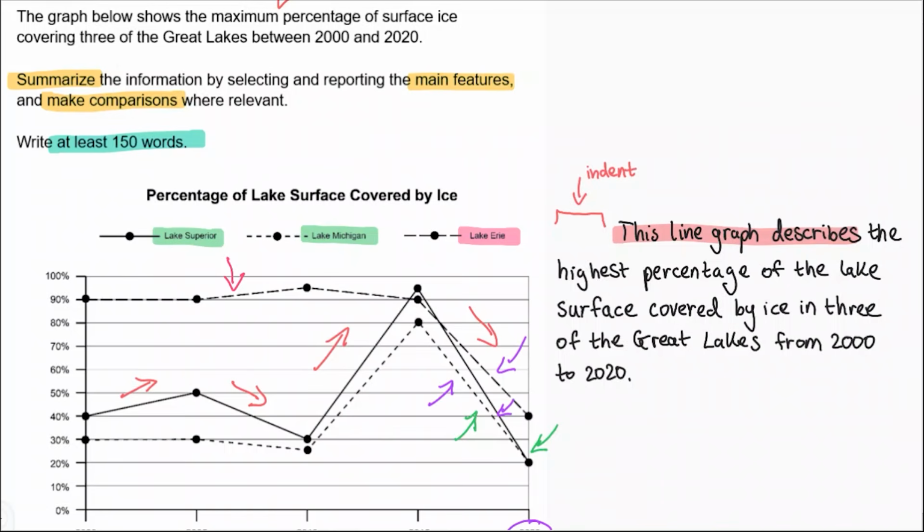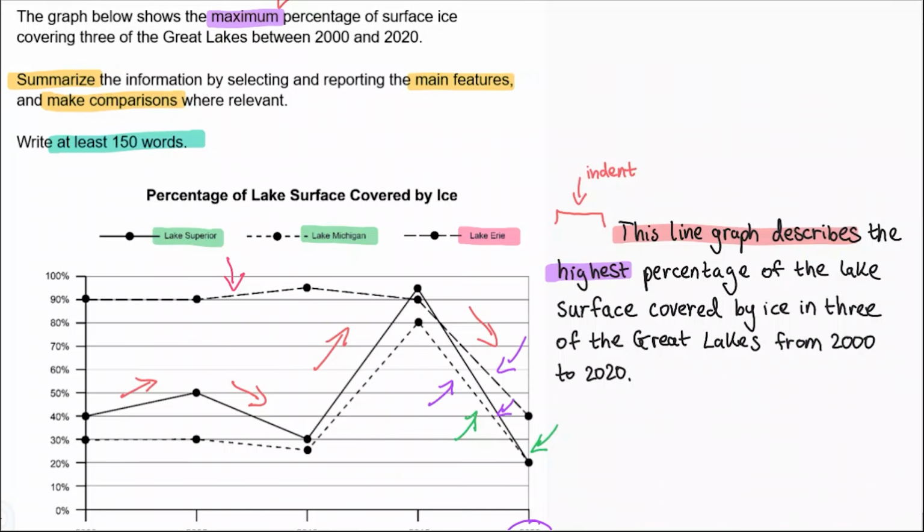So, what should you write about in the introduction? The introduction should describe the graph. As you can see, I just paraphrased the prompt of the question. I didn't change too many words, but I made adjustments like turning maximum into highest. I also switched the word order.